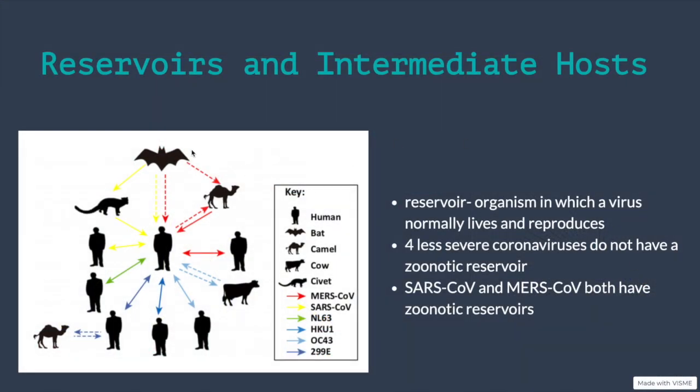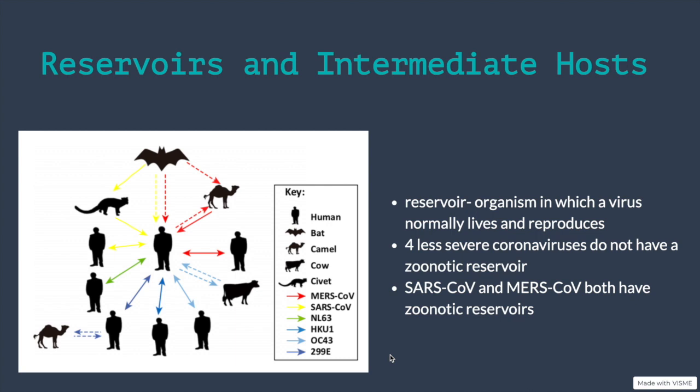So a little bit about how the viruses spread from organism to organism is shown in this image. So first I'm just going to define reservoir, or a host reservoir or natural reservoir, and this just means the organism in which the virus normally lives and reproduces.